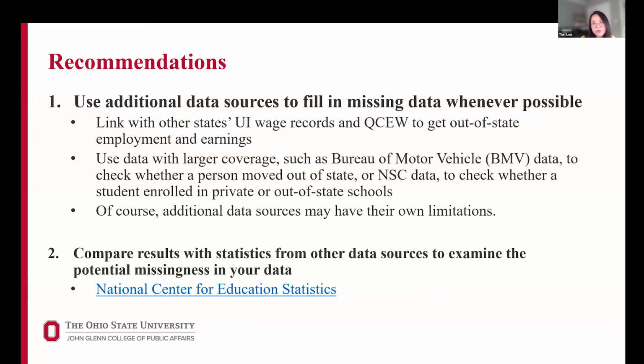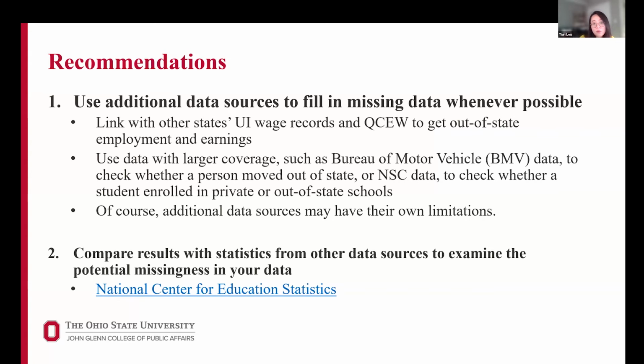So what should we do when we are dealing with data? Of course, first of all, is to proactively think about the missingness in your data. And after you identify the missingness, what are some of the recommendations from us for you to deal with it?